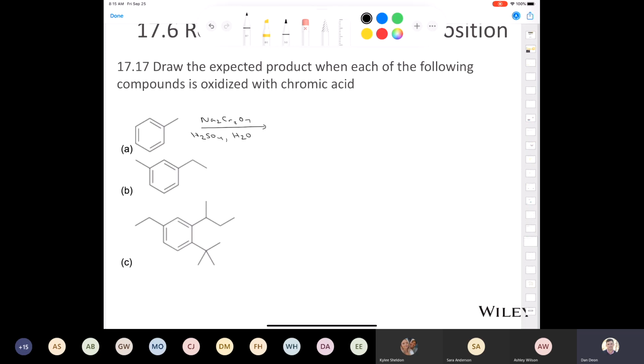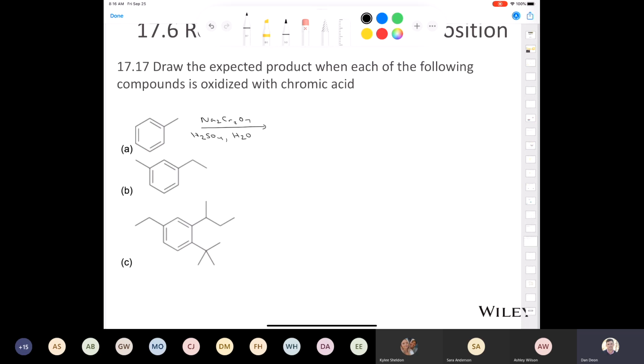I'm going to throw this out to my students. Can anybody just name the compound? Just tell me what the name is of the compound you would get from this reaction. Oh, here it is.